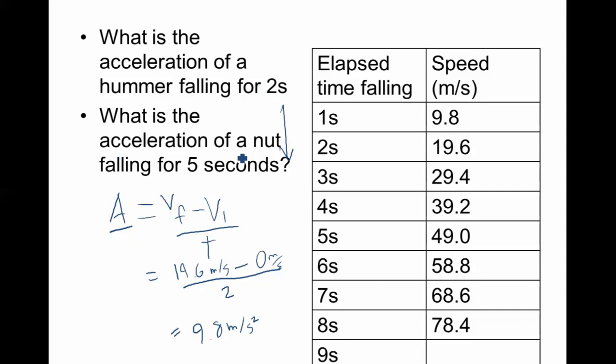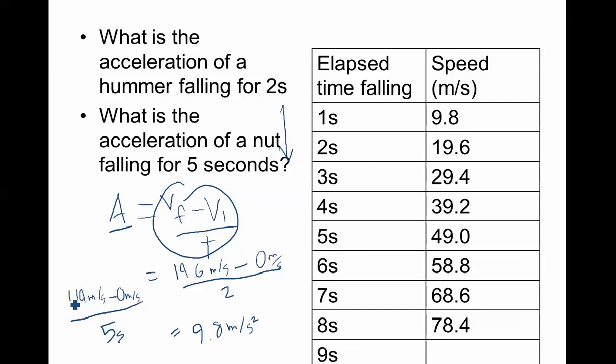Now we can do the same thing for a nut falling for 5 seconds. It's the exact same formula. This time I'll do it over here. The final velocity if it was going for 5 seconds is 49, so 49 meters per second minus 0 meters per second divided by, in this case, it's been falling for 5 seconds.